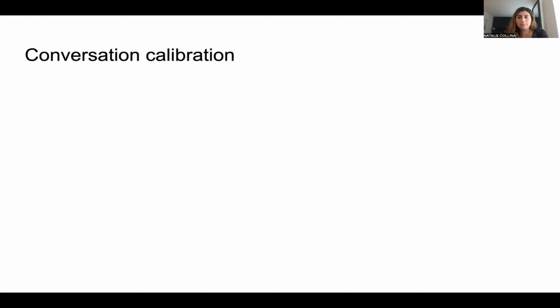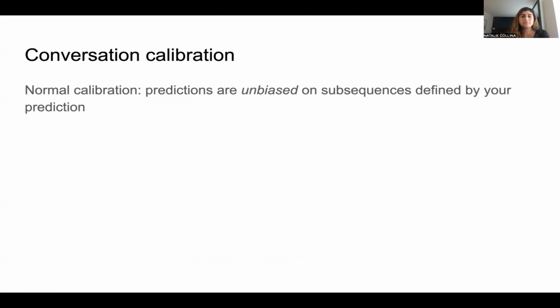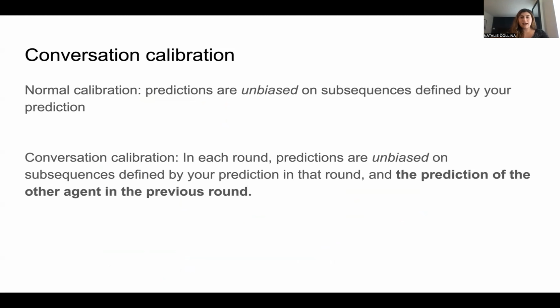Wonderful. Now that I've defined the transcript, I can define what conversation calibration means on this transcript. Recalling, normal calibration says that predictions are unbiased on subsequences defined by your prediction. Now, of course, we have this multi-dimensional transcript, so to make it make sense, it's going to be an operation that occurs on every single round.